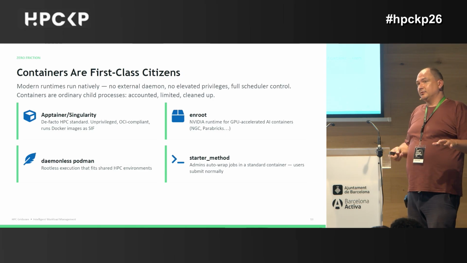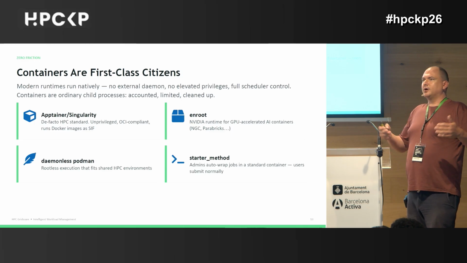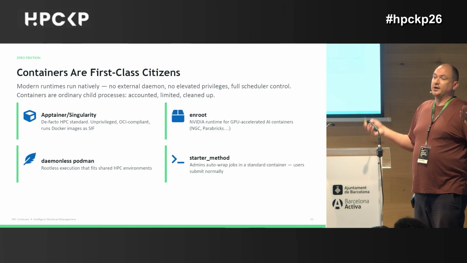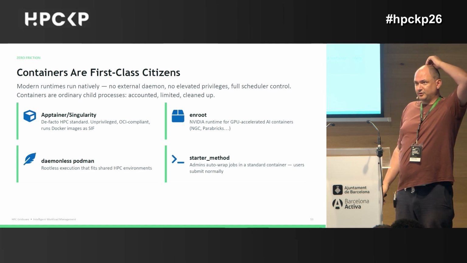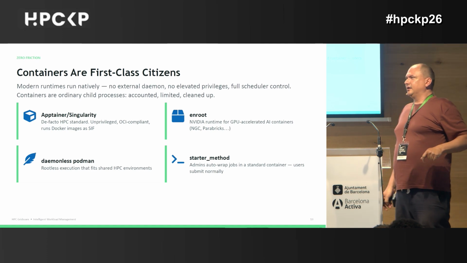The first thing when the first release came out was people were asking, where's your container support, where's your Docker support, and so on. Docker came out 13 years ago, 2013.